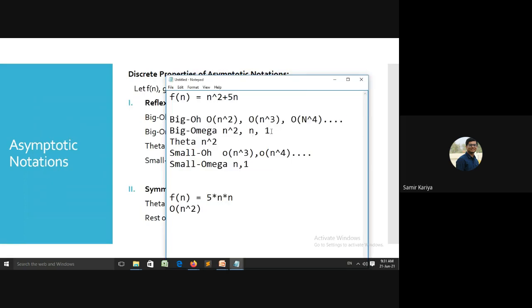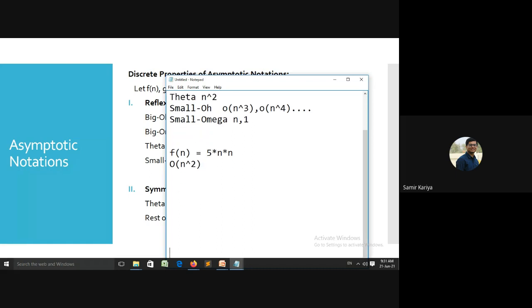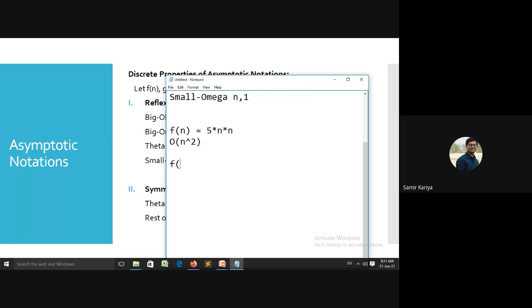Now what is the answer for the given function? Same. Or you can also write another example. F of n is equal to n or n square. Okay. So you can also write this way also.